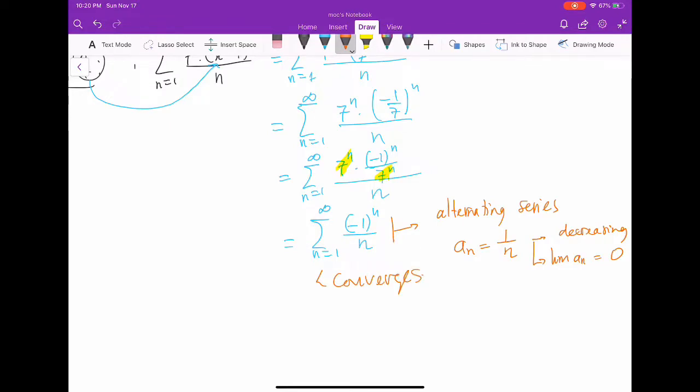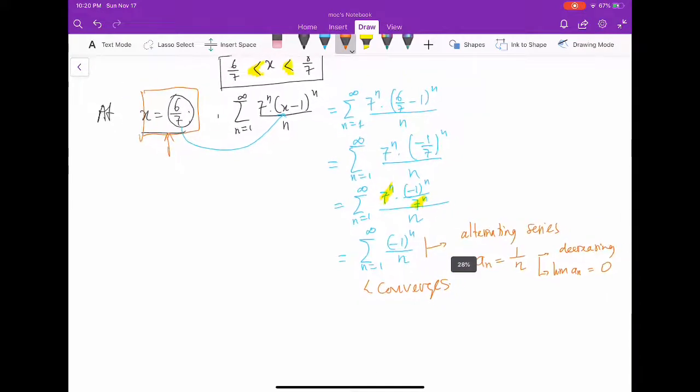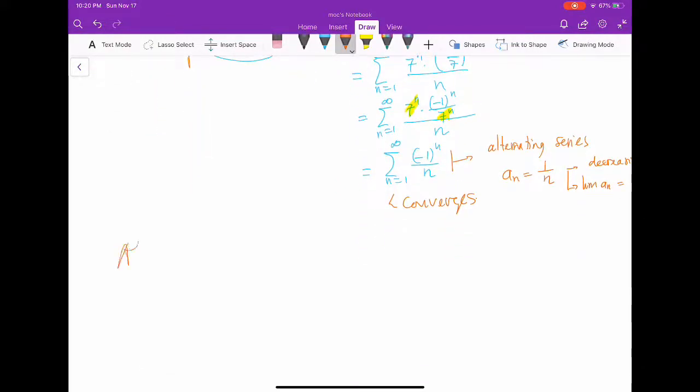That means when x equals 6 over 7, our series converges. It means this point should be in the interval of convergence. Now let's consider the other endpoint, when x equals 8 over 7.